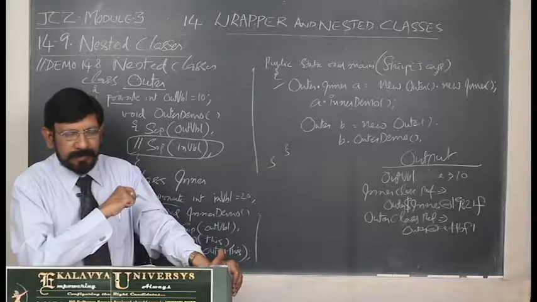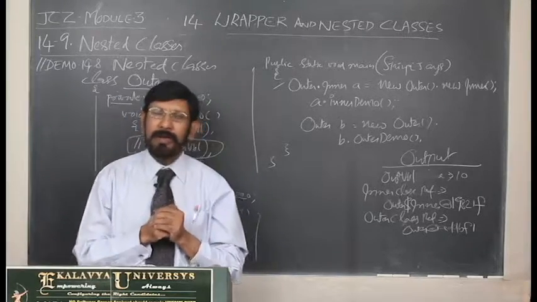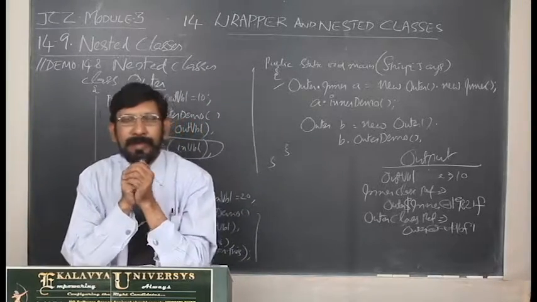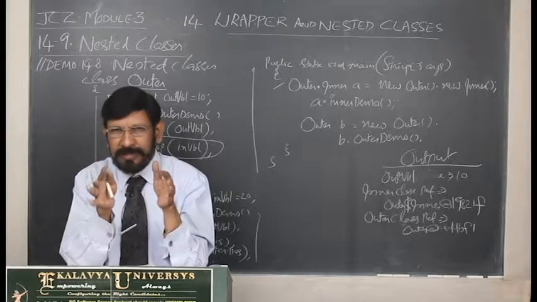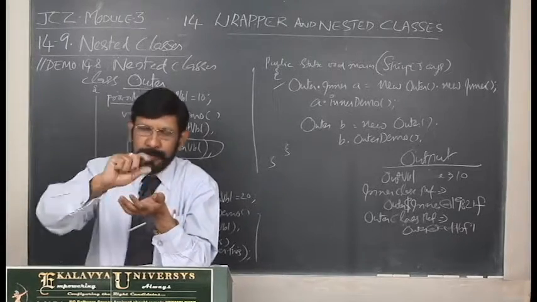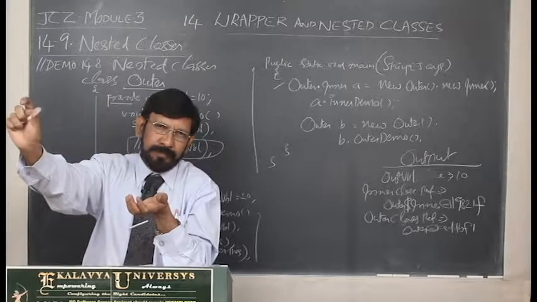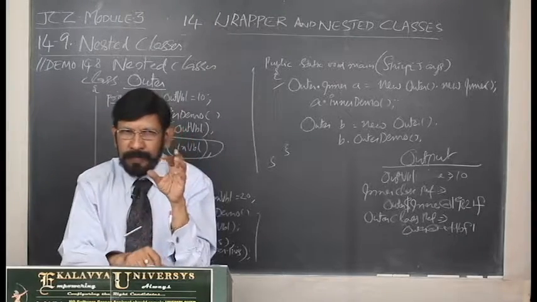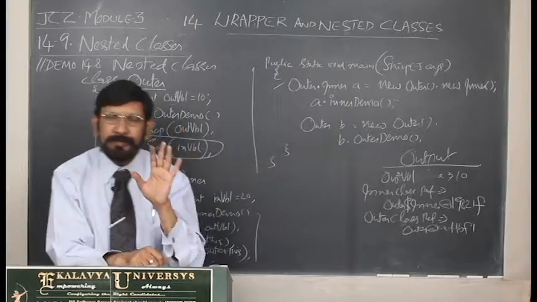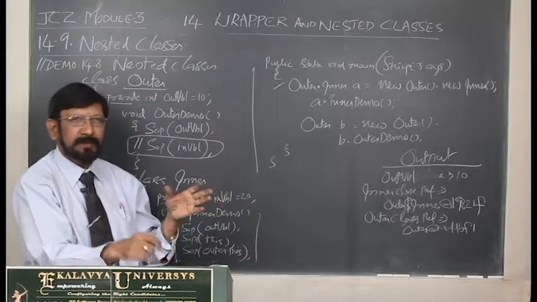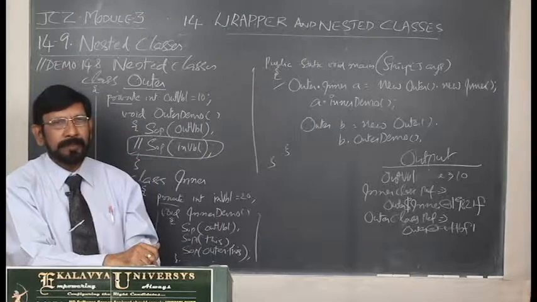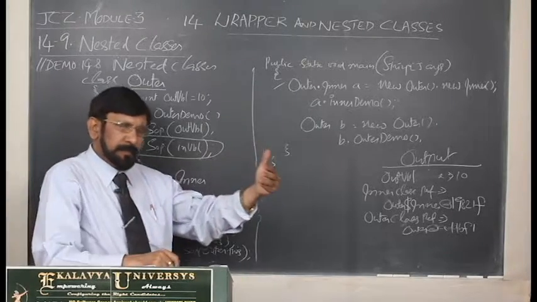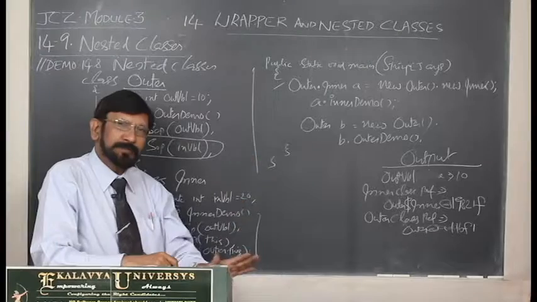The second one is logical grouping. A collection of classes are performing a task. In order to perform the task of all the classes, a logical grouping is required. Practically, whenever the program demands, you can experience that.